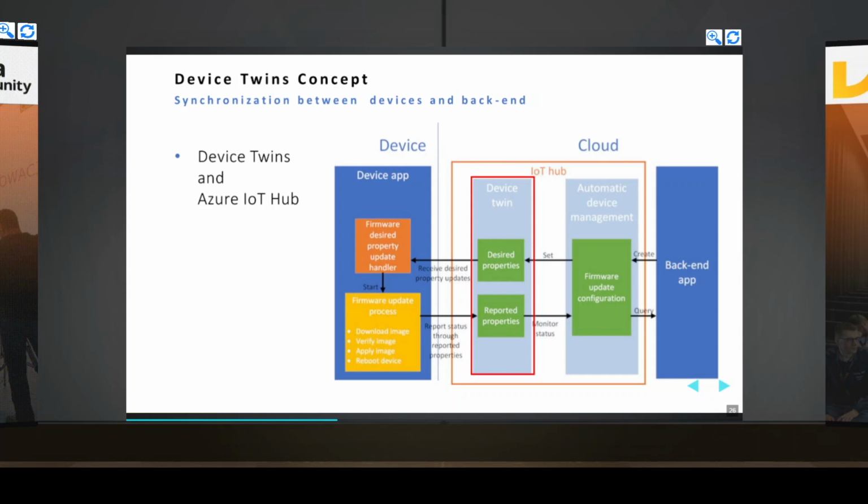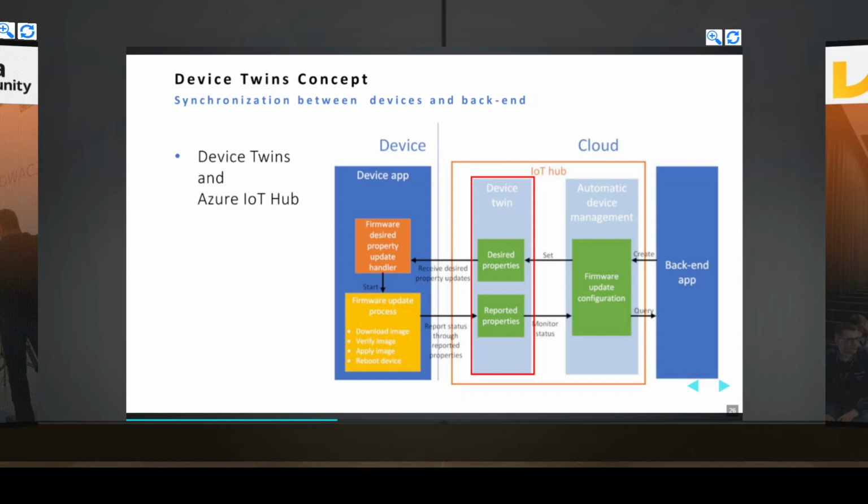I already explained the concept of device twin with desired configuration and current configuration. Actually, it matches very well for gateway services where you have implementation of service assisted authentication.